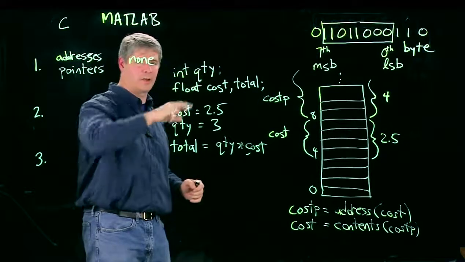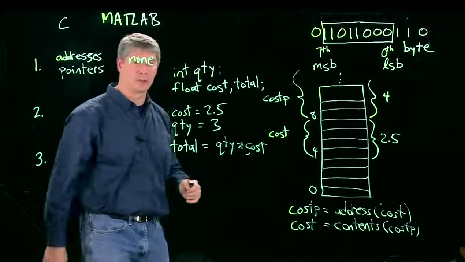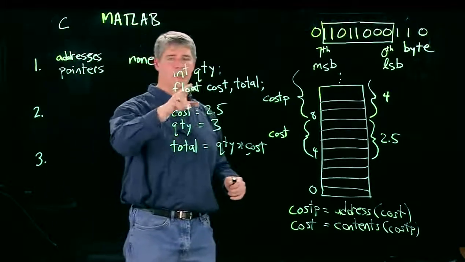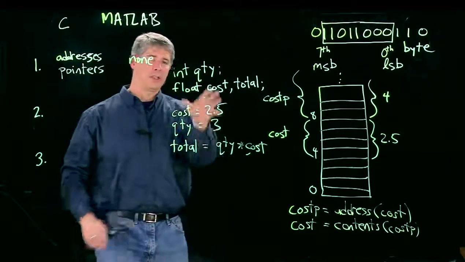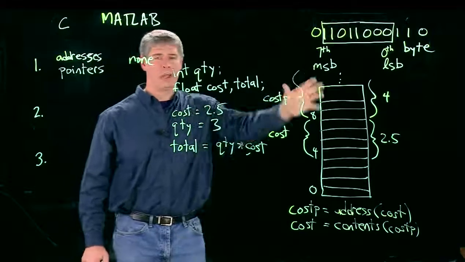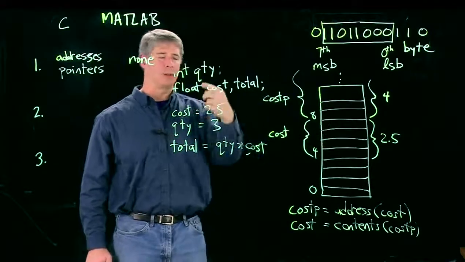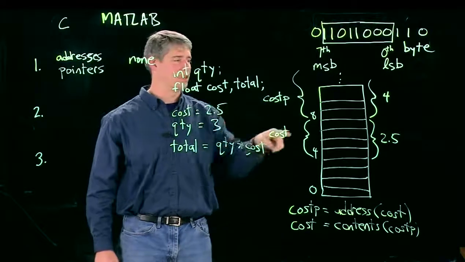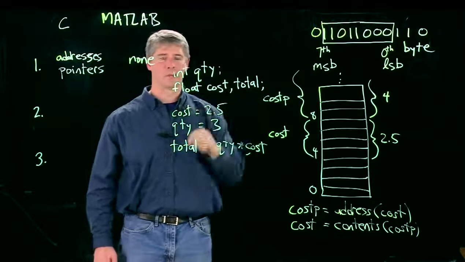They say, I'm going to use a variable called quantity, and I'm going to use a variable called cost and a variable called total. And quantity is going to be an integer, and cost and total are going to be floating point numbers. And when I do that in C, it tells the compiler, hey, set aside space in memory to hold these variables. And also, I'm going to tell you now how to interpret the zeros and ones at those locations in terms of an integer or as a floating point number.